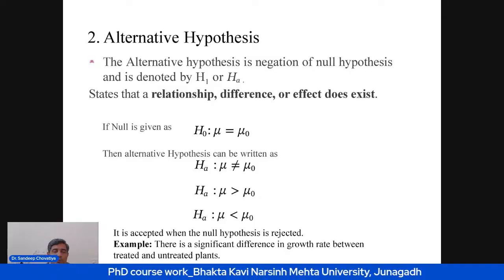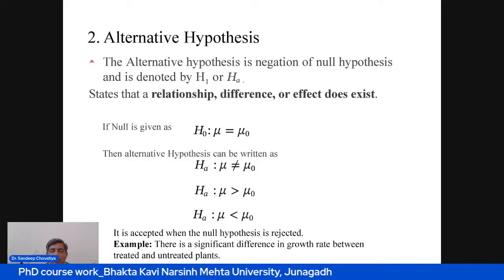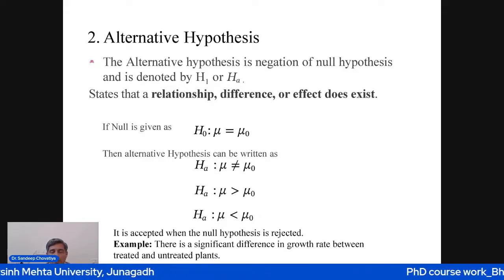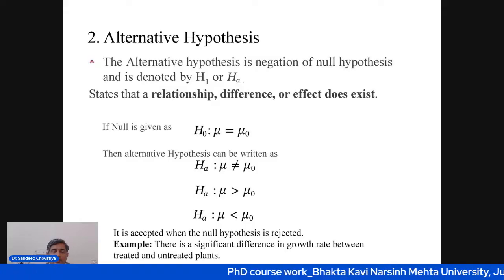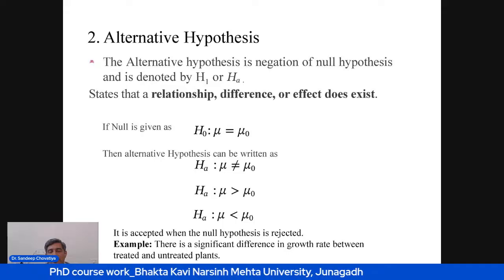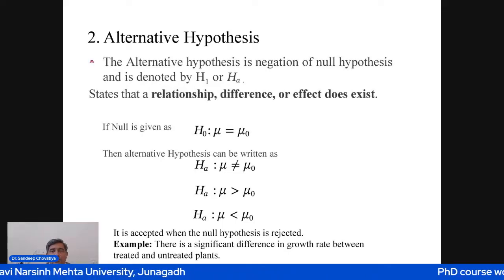For example, there is a significant difference in the growth rate between the treated and untreated plant. We basically know that if we give some treatment to the plant, it may give a significant growth rate. So this is our alternative hypothesis.